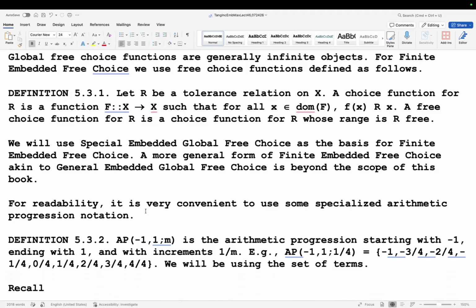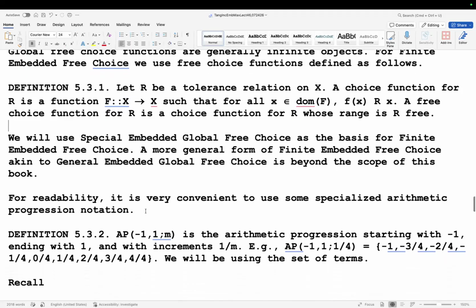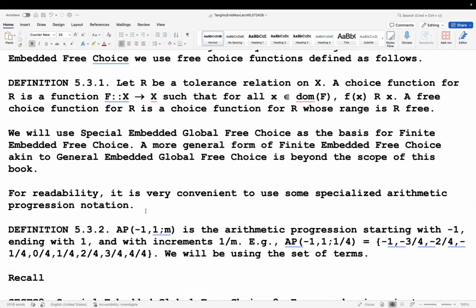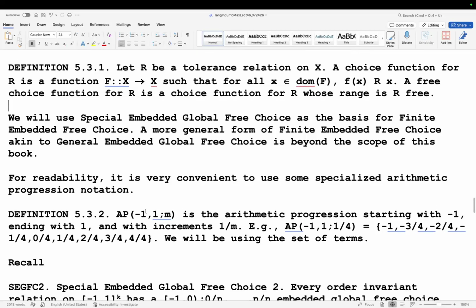All right. So for readability, it's very convenient to use arithmetic progressions. So we're about to state the explicitly finite forms, and it's very natural to have very special arithmetic progression notation. In fact, even simpler than any other notation because the arithmetic progressions that I care about all start from -1 and end at 1. They all go from -1 to 1.